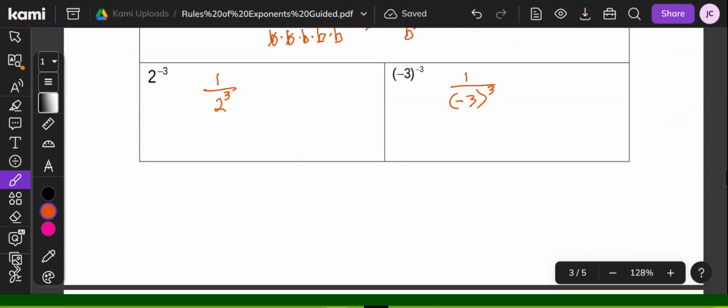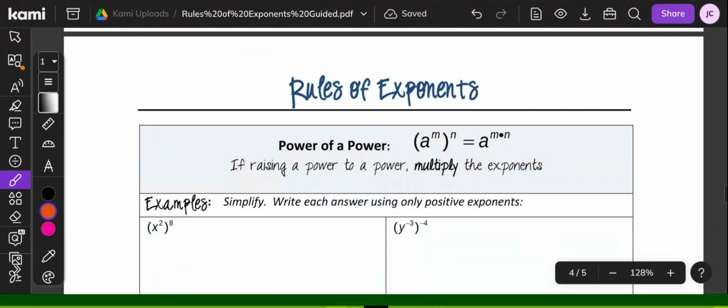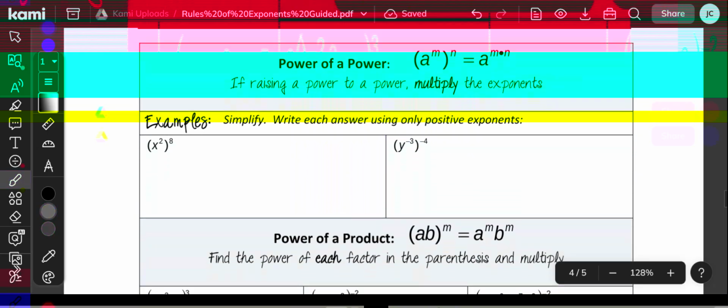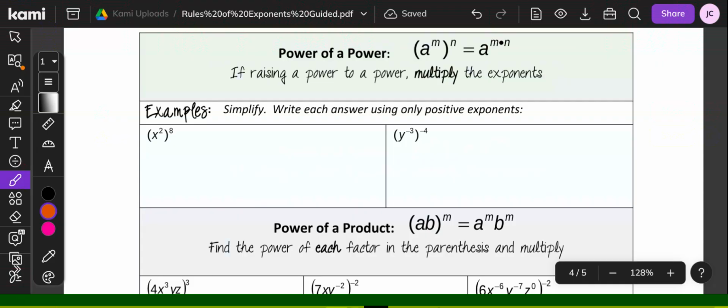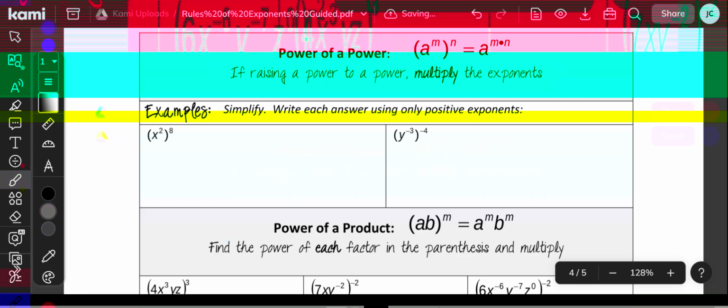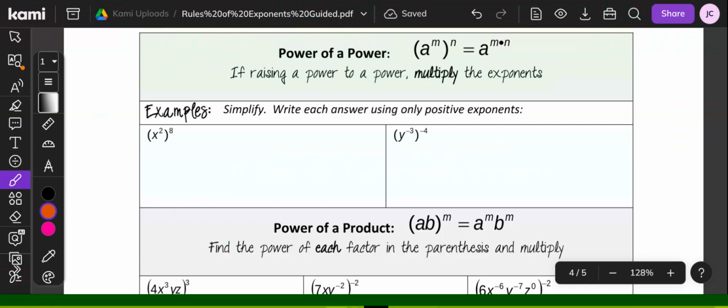Okay? Let's look at power of a power. That means I'm taking something inside parentheses, and it may already have an exponent on it, and I'm putting an exponent on the outside of the parentheses too. When you raise a power to a power, you multiply the exponents.